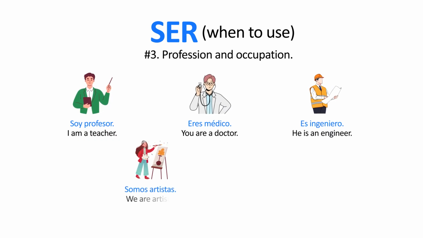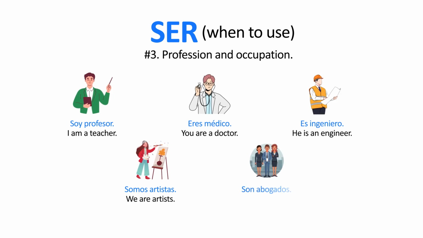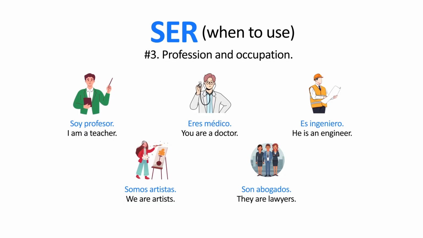Somos artistas. We are artists. Son abogados, pronounced abogados. They are lawyers. Professions use ser because they define what you do, what your role is in society. Even though you could change professions, at any given time, your profession is a defining characteristic of who you are.